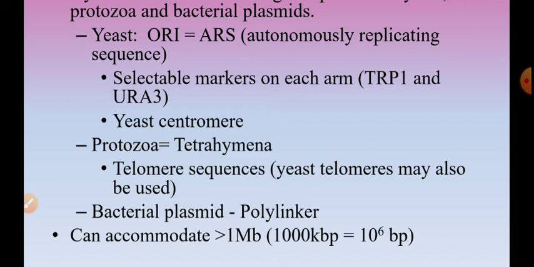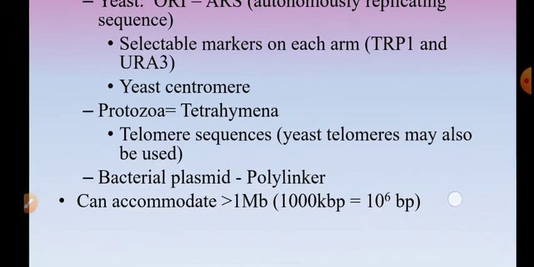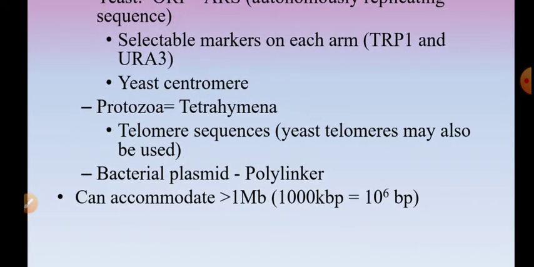It also contains a yeast centromere, which is very important during mitotic division. It contains certain characteristics of protozoans also, like Tetrahymena. It contains a telomeric sequence. Yeast telomeres also can be used, but here they have used a protozoal telomeric sequence. Now what are the features taken from the bacterial plasmid? The polylinker site, multiple cloning sites.